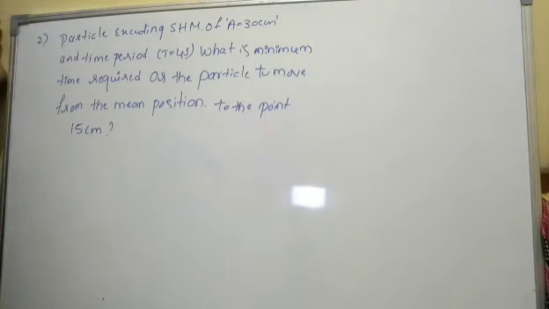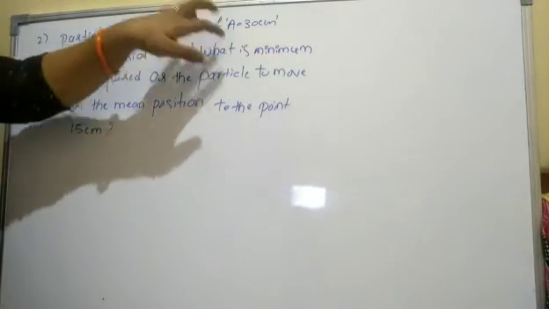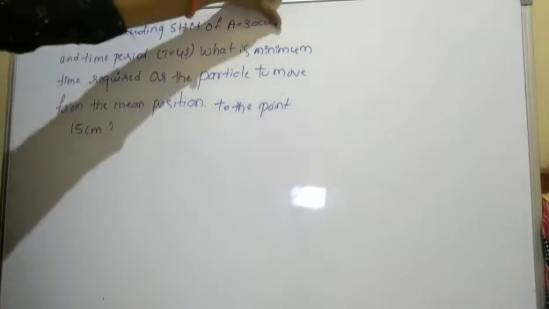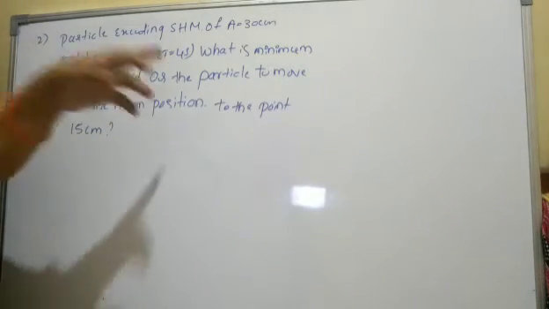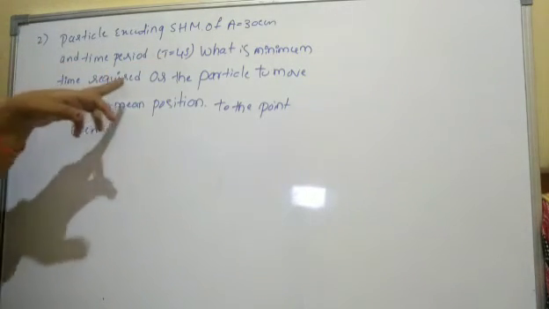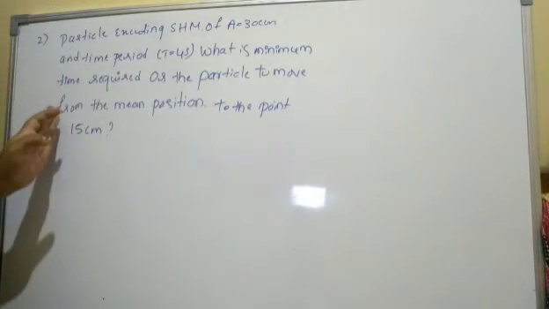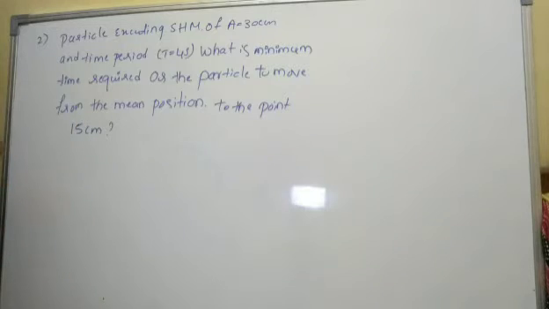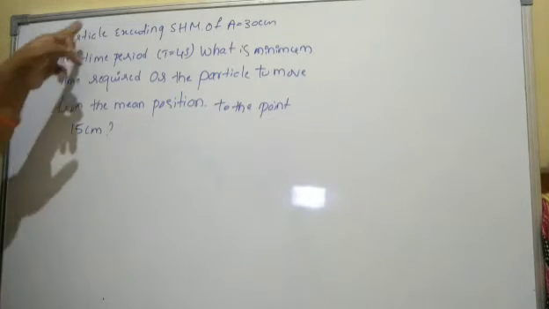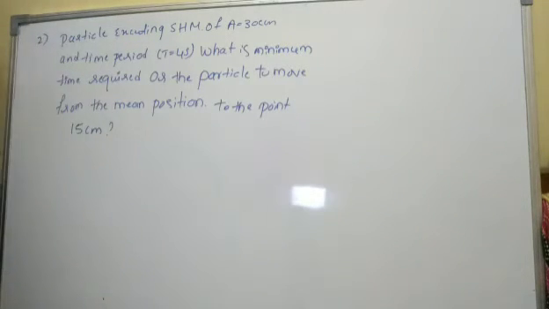The next problem is a particle executing simple harmonic motion of amplitude 30 centimeter and time period T equal to 4 seconds. What is the minimum time required for the particle to move from the mean position to the point 15 centimeter? So understanding the problem is very important here. The particle is already executing simple harmonic motion of amplitude 30 centimeter.